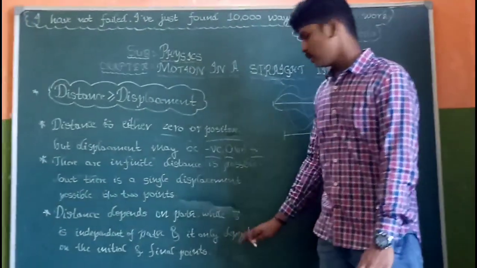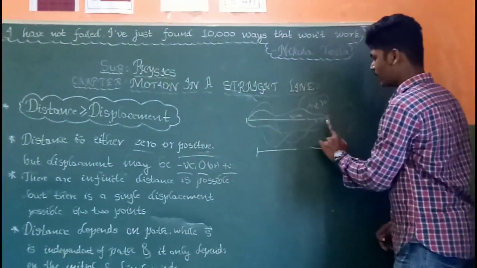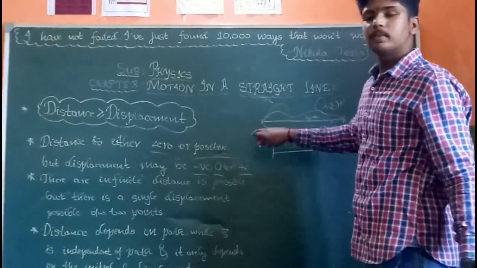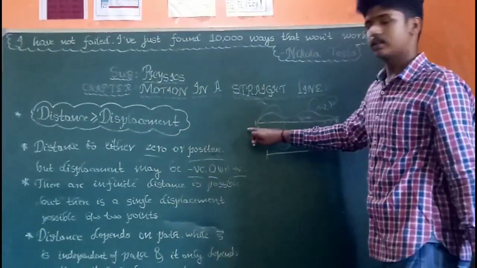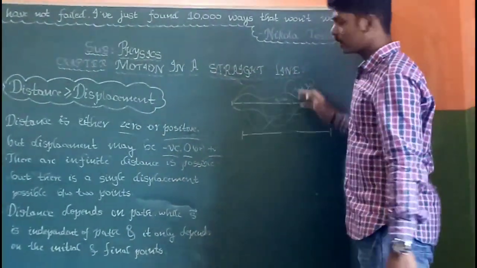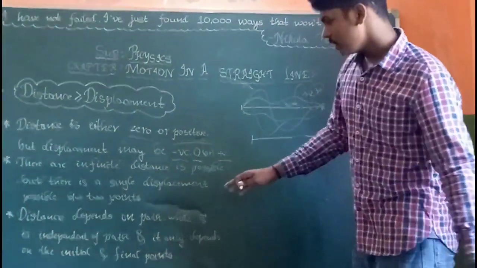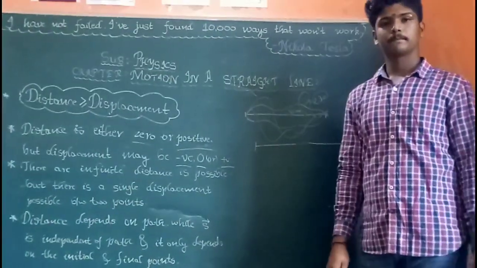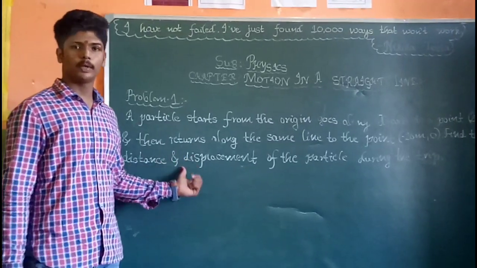That means it only depends on the initial and final positions. The displacement can be known using only the initial and final points; there is no need of the path. Now let us look at problems.